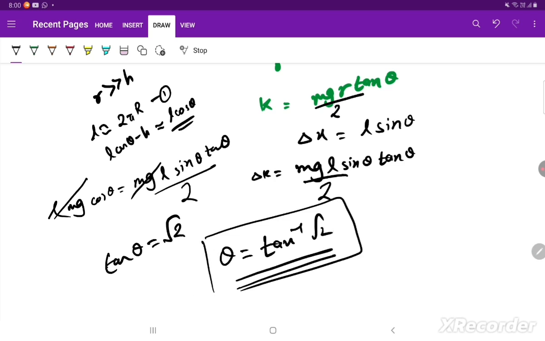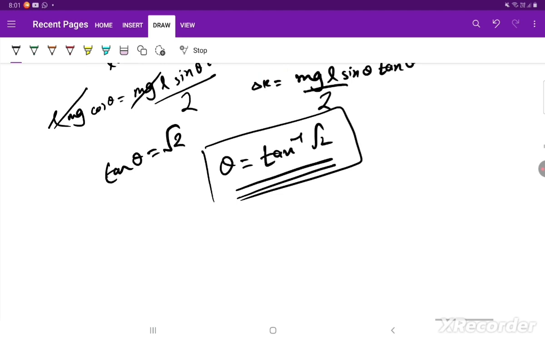Now in the thumbnail I have also given why the theta angle is a constant value, why it's a steady state value. You might have come across a chapter known as the principle of mathematical induction in your class 11, 12 or high school.